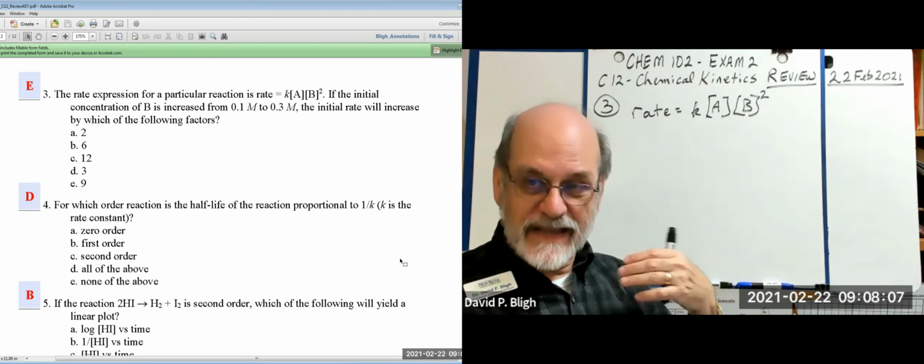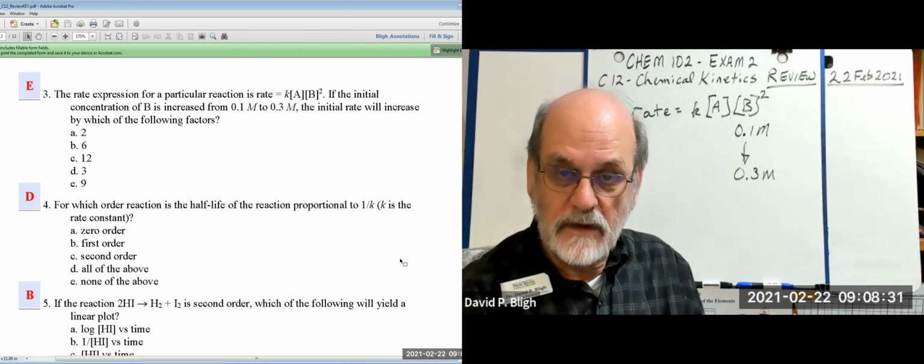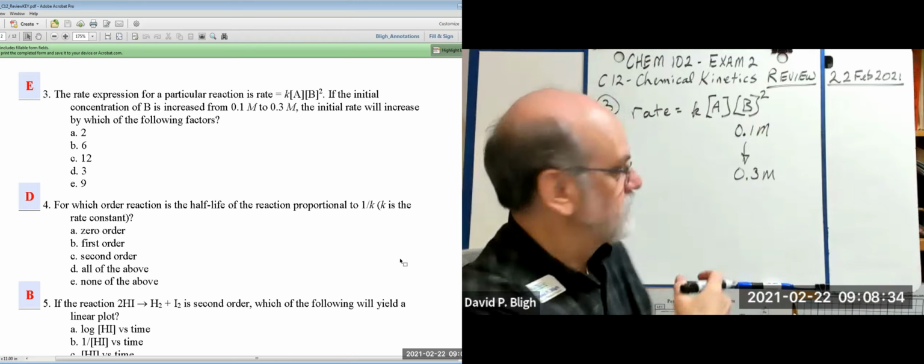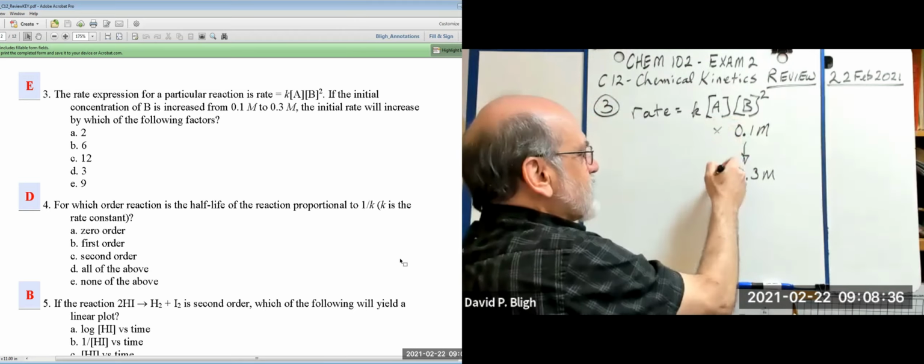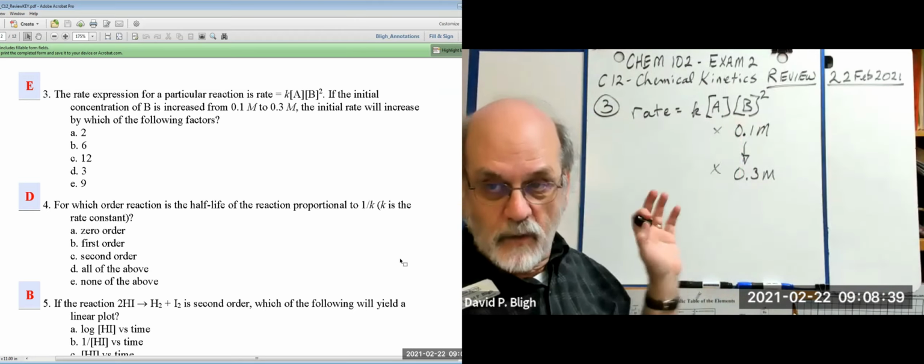You have to assume from the wording of the question that A remains constant. So whatever A happens to be, it stays the same, whatever that concentration is. We're only changing B.